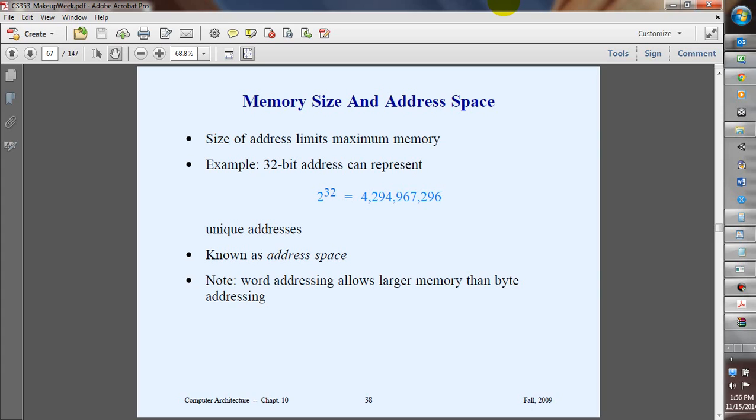For example, a system that uses 32-bit integers uses 32-bit addresses. These choices end up being very important for the rest of the system. So the size of the address limits the maximum memory. If we've got a 32-bit address, we can represent 2 to the 32nd unique addresses, and that's what we call our addressing space.